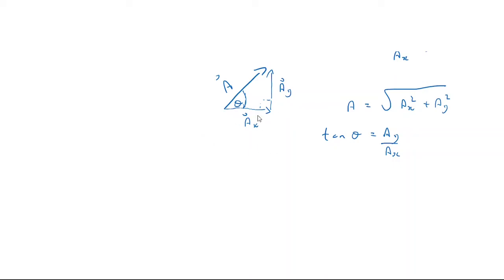So let me represent, you remember what I've said? I said if it's like this, the magnitude of AX is going to be A cos theta, and the magnitude of AY is going to be A sine theta. So if I want to write the vector A, the vector A is the sum of these two vectors. How do I know?